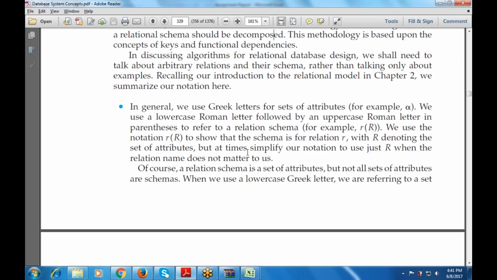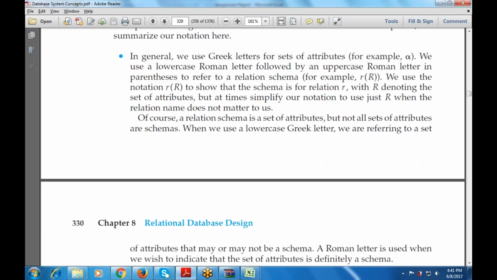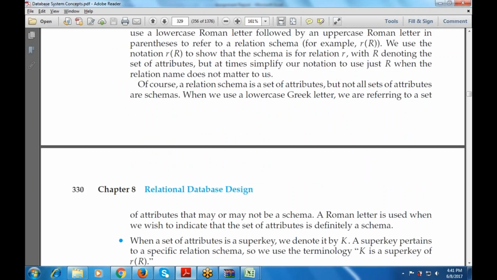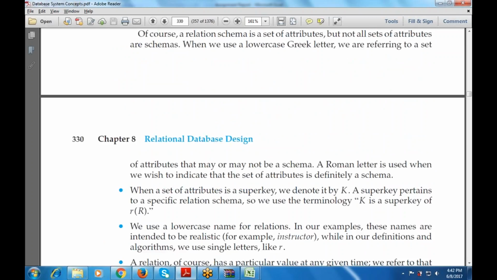But at the same time, we simplify our notation to use just R when the relation name does not matter to us. Of course, our relation schema is a set of attributes, but not every set of attributes is a schema. So when we use a lowercase Greek letter, we are referring to a set of attributes that may or may not be a schema. A Roman letter is used when we wish to indicate that the set of attributes is definitely a schema.